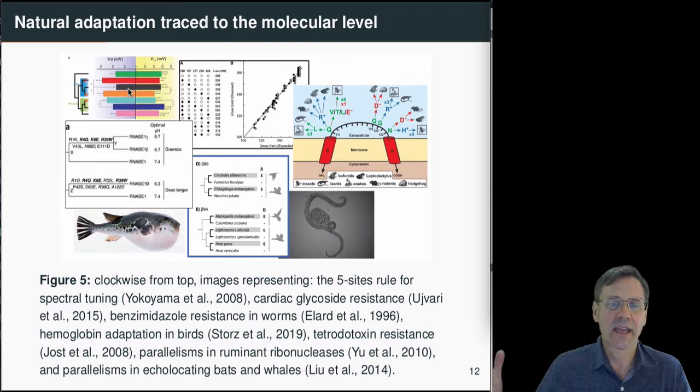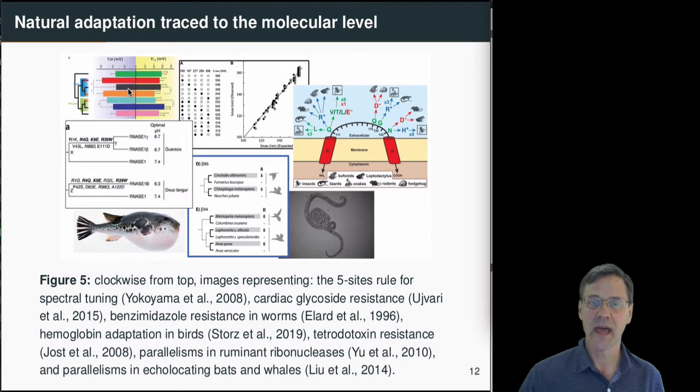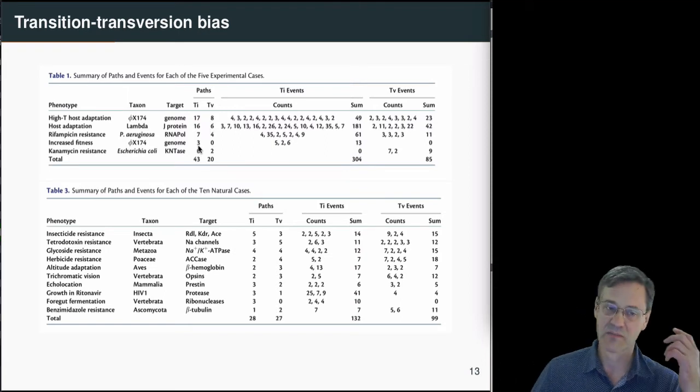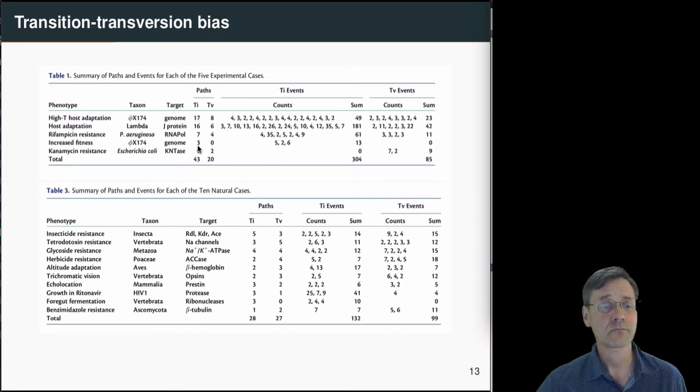So if we gather the data from all these different excellent analyses of adaptation traced to the molecular level, what we find is that there's a bias toward transitions. So transitions are these mutations that happen usually several-fold higher than transversions, and there's twice as many transversions, so the null expectation is 1 to 2.